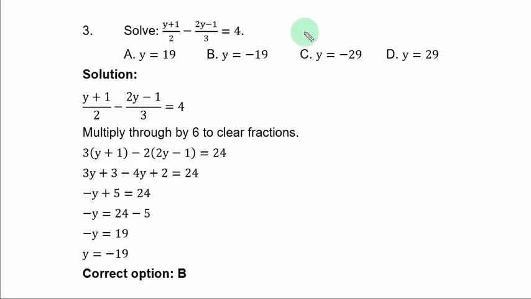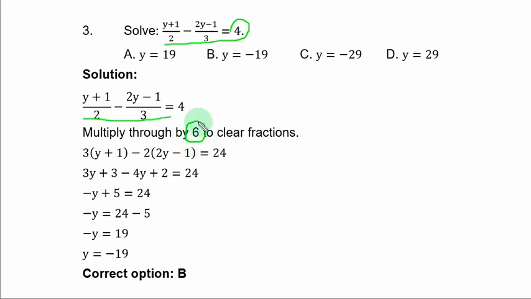Question 3. Solve (y plus 1)/2 minus (2y minus 1)/3 equal to 4. Solution. This is what you are asked to solve. I always prefer clearing fractions, and to do that you multiply through each term by the LCM of the denominators 3 and 2, which is 6.